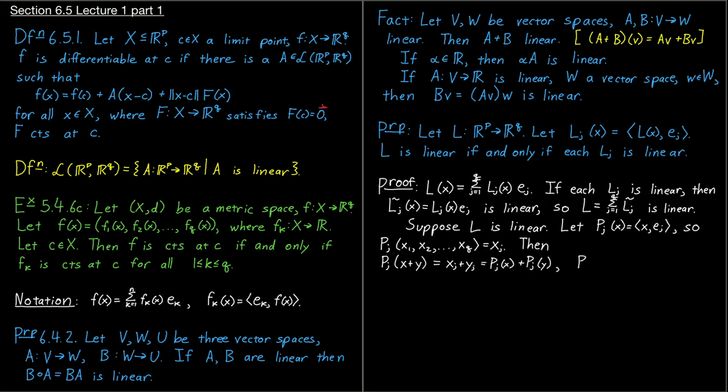And then pj of alpha x, that's the jth component of alpha x, that's alpha xj, is alpha pj of x. So each pj is linear.